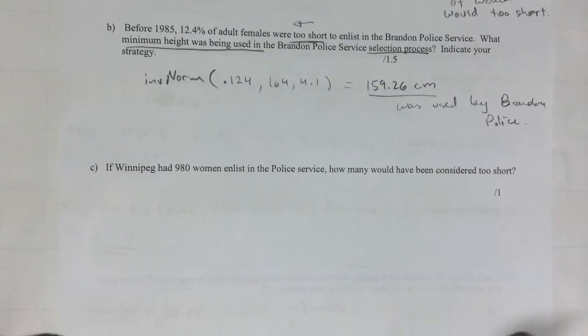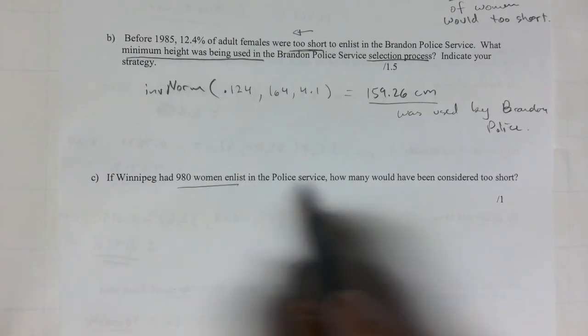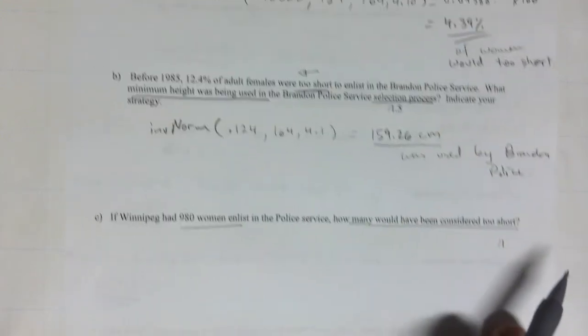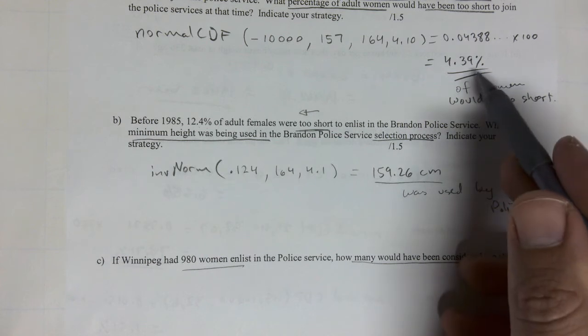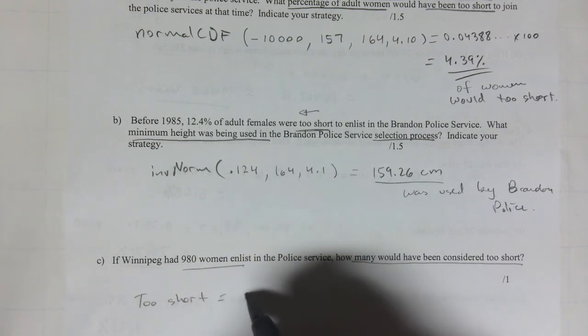And then last but not least, if Winnipeg had 980 women enlist, how many would have been considered too short? You already know the percentage that would have been too short. So it would have been 0.04388, keeps going, right?